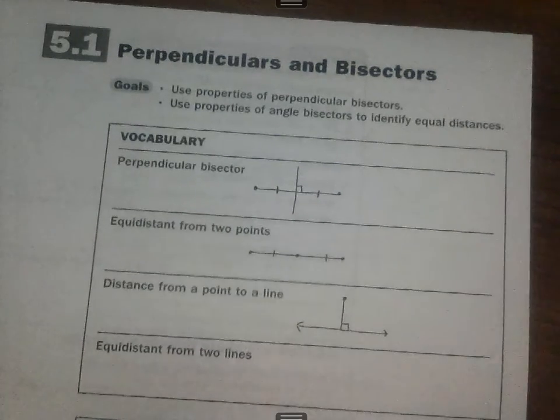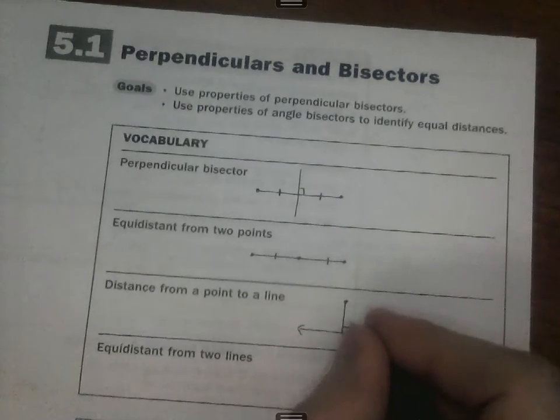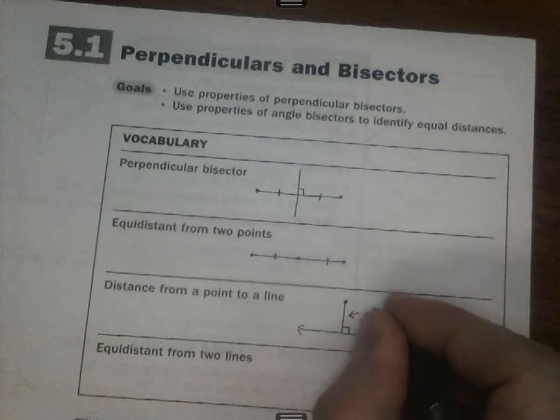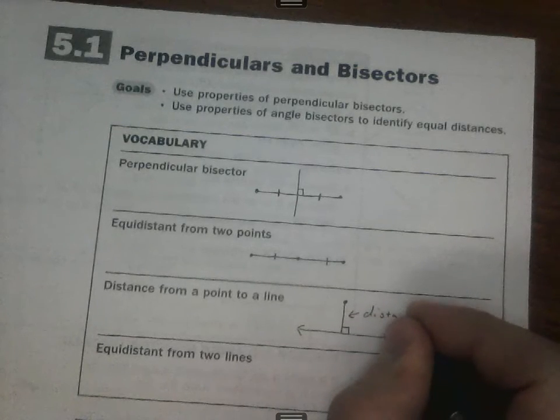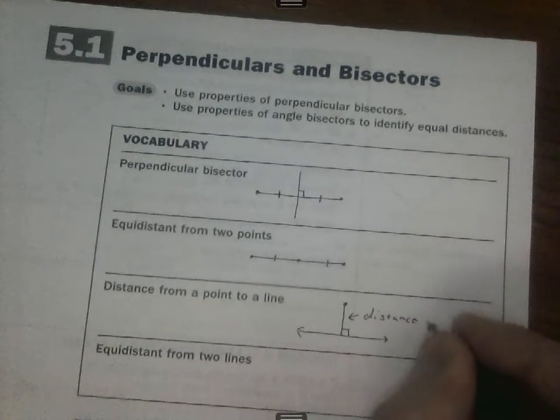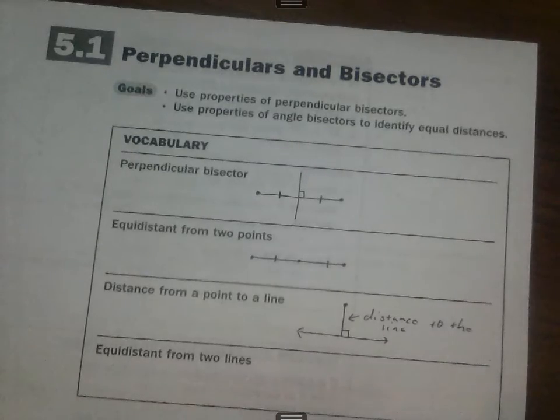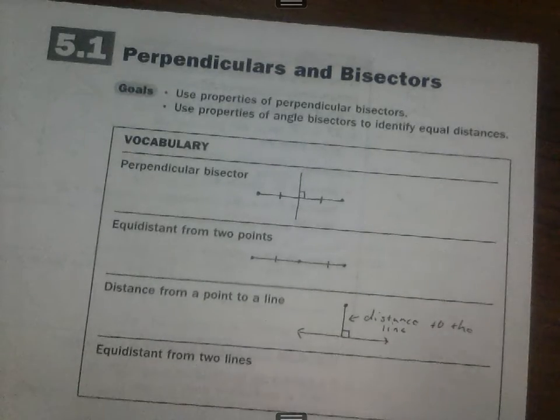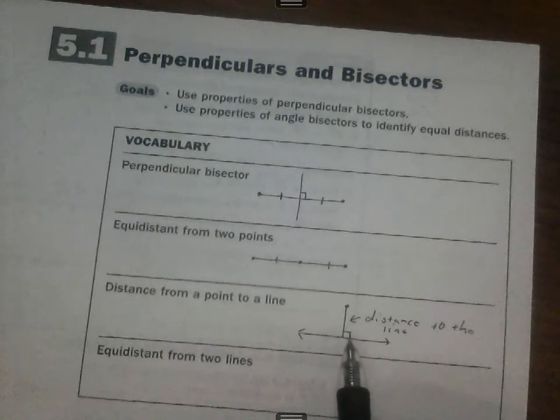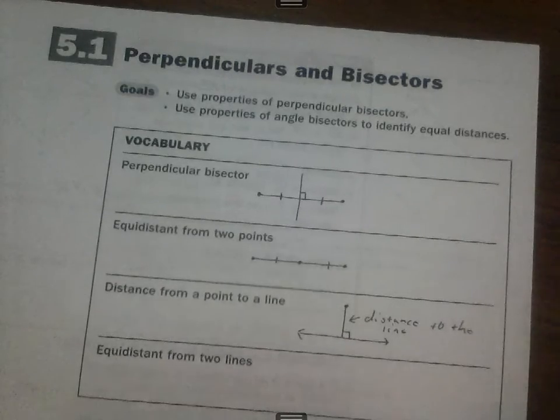This right here will be the distance to the line. Now we can draw other ones, but it has to be a 90-degree angle because that's going to be the shortest distance from the point to the line.